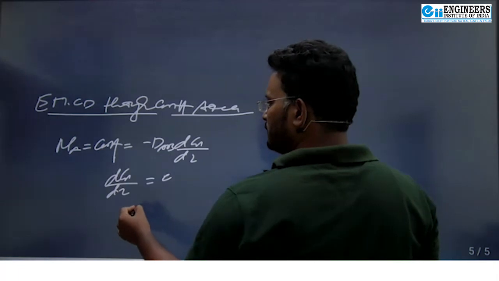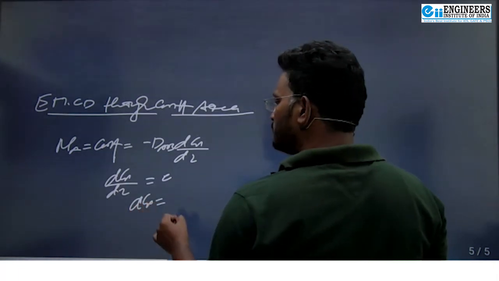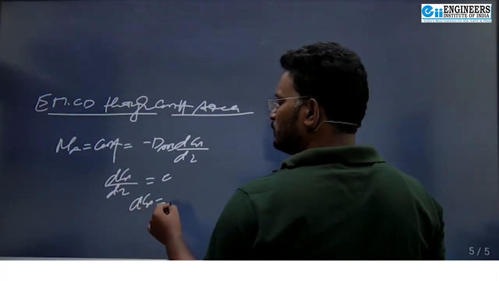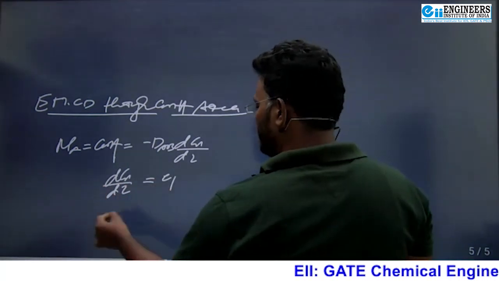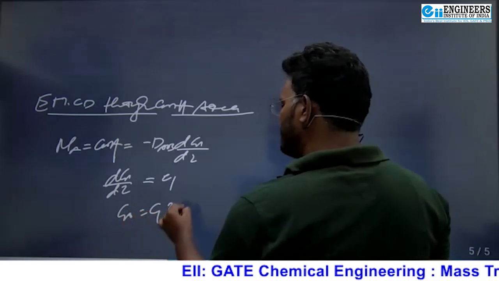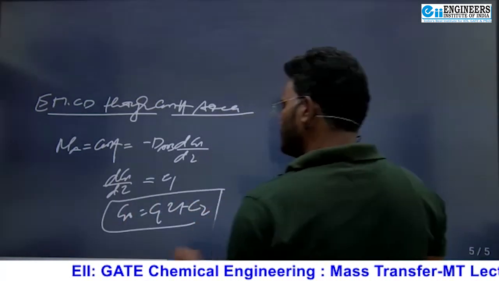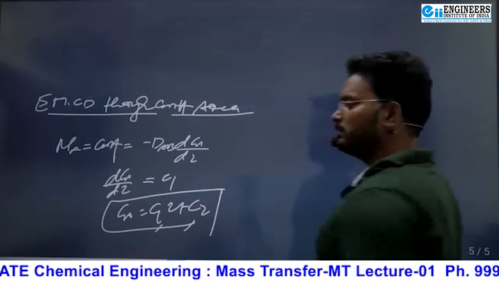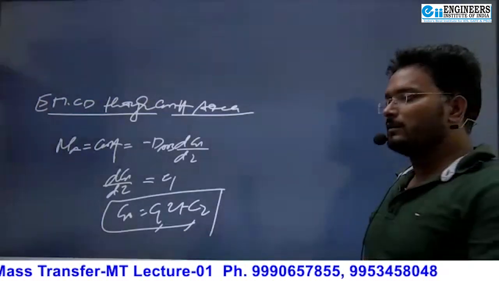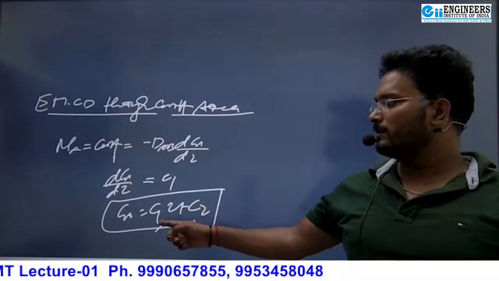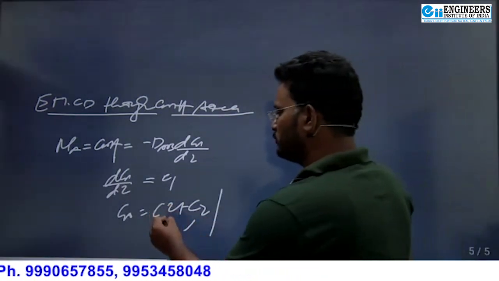Then dCA is equal to C1 into dZ, say C1. Then integrating further, CA is equal to C1Z plus C2. These C1 and C2 can be found by the boundary conditions. At Z equal to 0, CA is CA1, and at Z equal to the diffusion length, it is CA2.